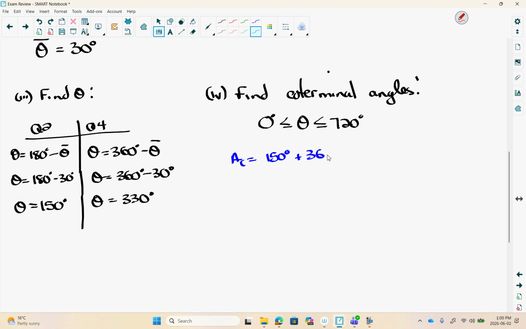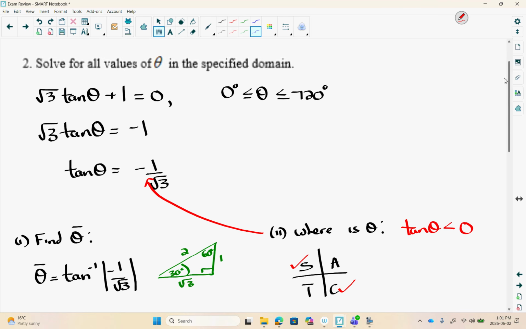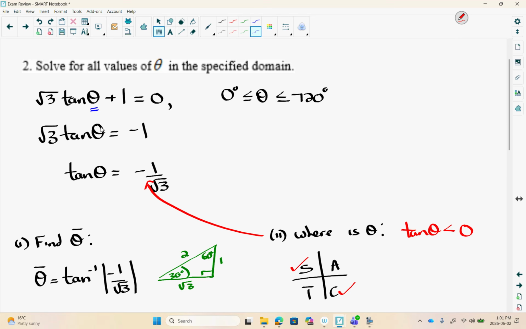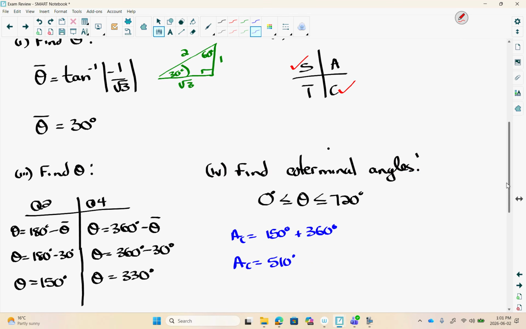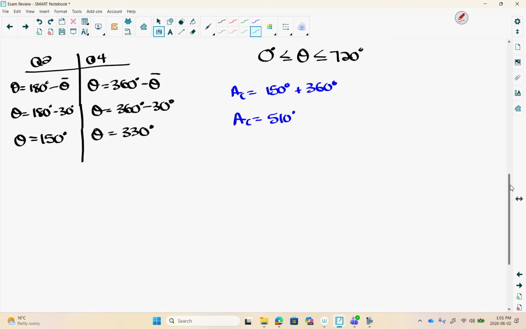What should I do to these? Not subtract 360, but add 360. 150 and 360, that's 510. Does 510 fit between 0 and 720? If I plug 510 back in here for theta, it would work out to be a 0. The tangent of 510 times the square root of 3 plus 1 equals 0.